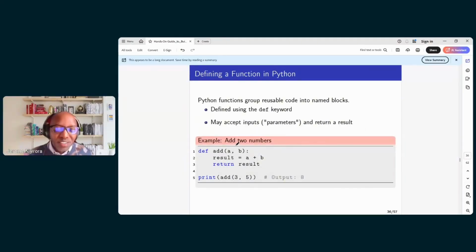So a function, just like a function in mathematics, is the relationship between your input and output, between your x and y. In this case, if you want to build a function that relates a to b, you just want to do the sum. It starts with def. Then this is a name that you can give any name you want to. What's important is to tell the function what to do. And in this case, this function does something like this.